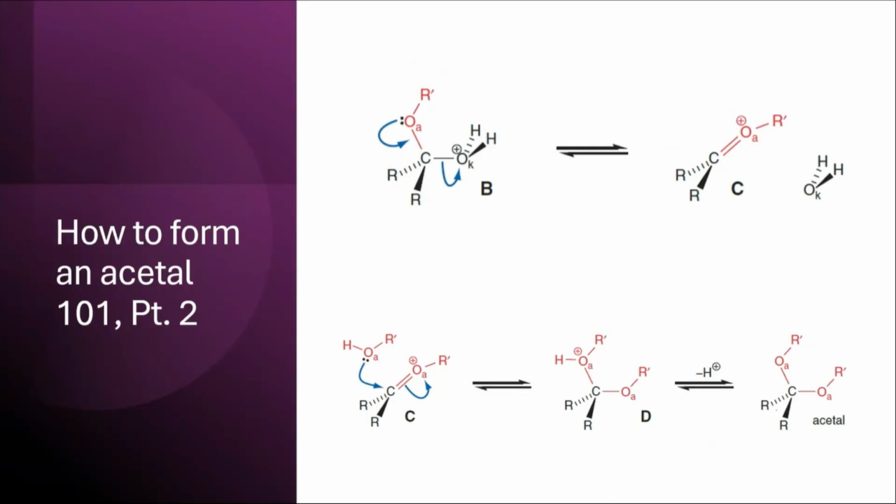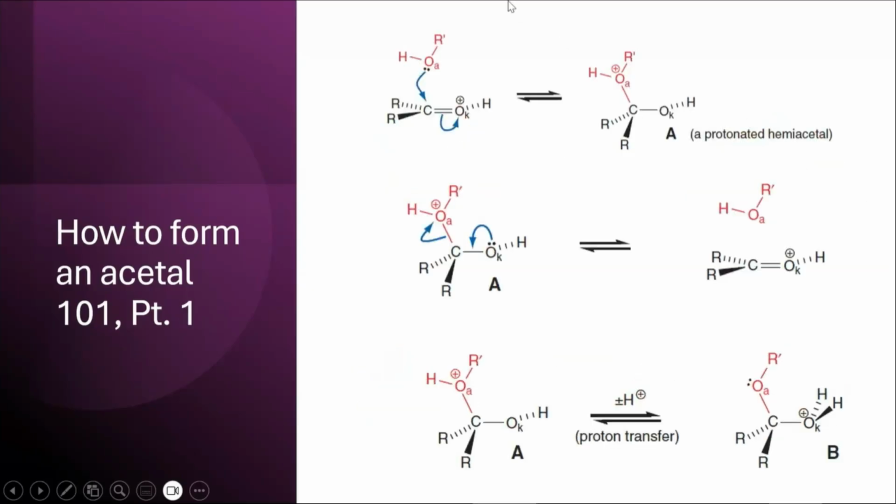Now, we have compound C. So this gets, again, attacked by an alcohol molecule. And in the end, we get an acetal. And you can see we have that minus H plus, that minus proton step.